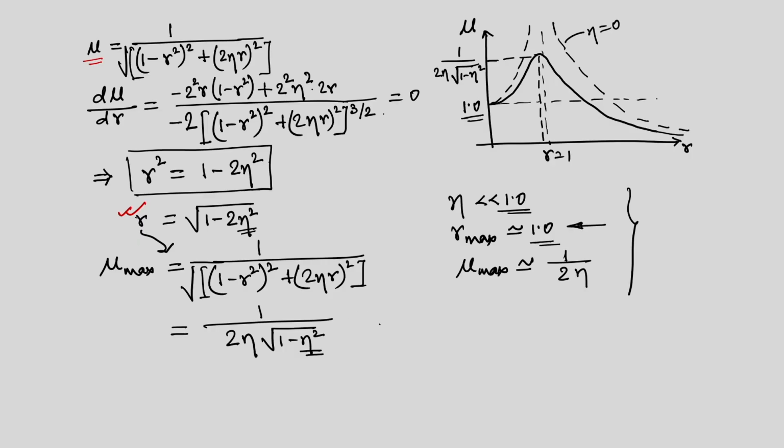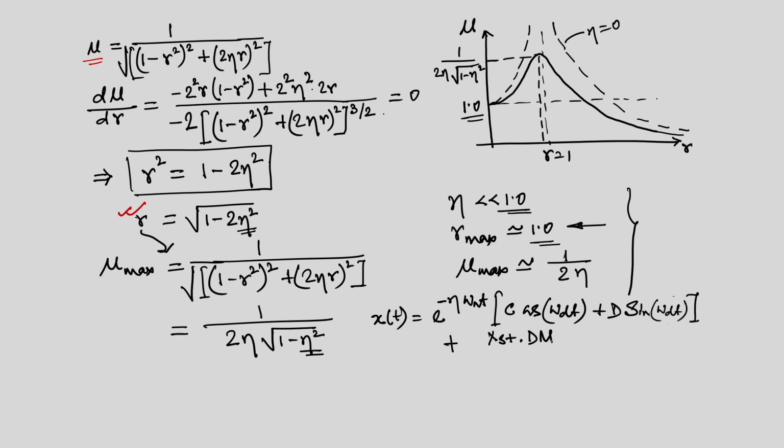So, x of t, which is the total response, is equal to e to the power minus eta omega n t times C cos omega d t plus D sin omega d t, and today we have derived the other component, that is the particular integral, which will be of the form x s t times dynamic magnification factor times sin lambda t minus theta.